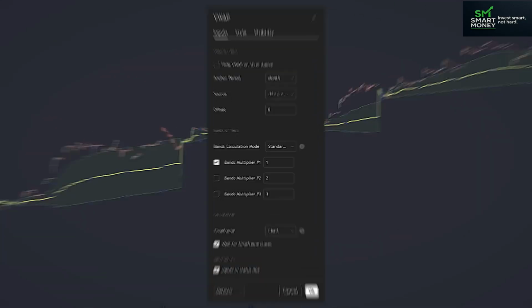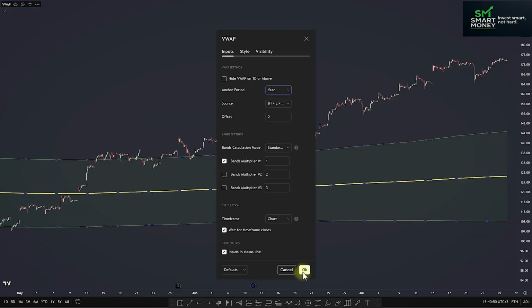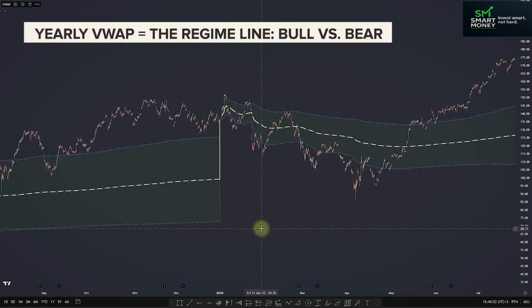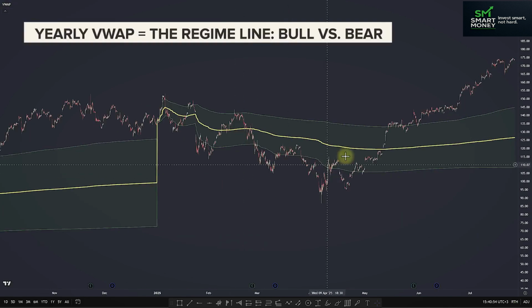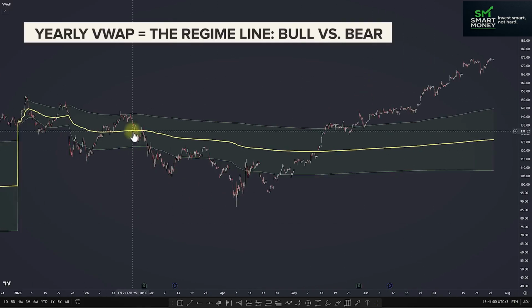But here's what most traders never realize about yearly VWAP. This level defines entire market regimes. Bull market, price stays above yearly VWAP for months, even during corrections. Bear market, yearly VWAP becomes impenetrable resistance that caps every rally.